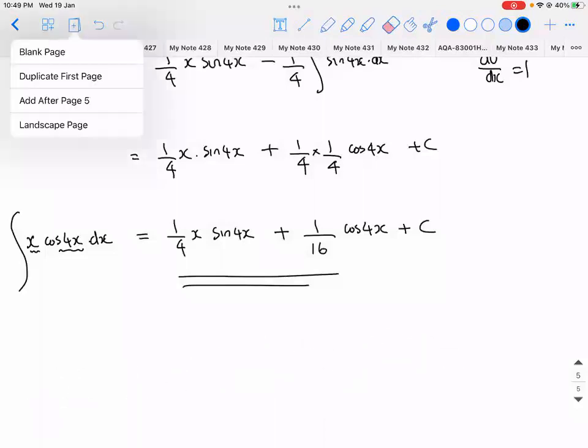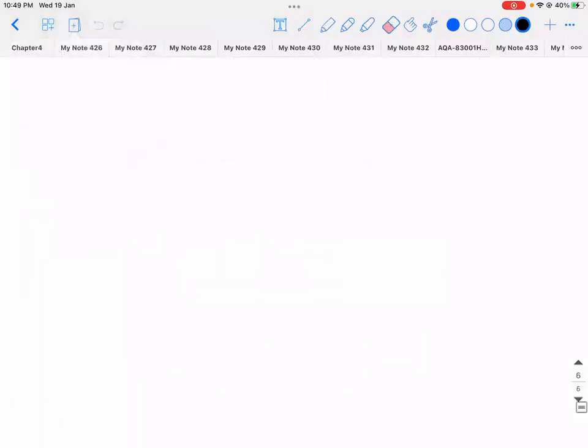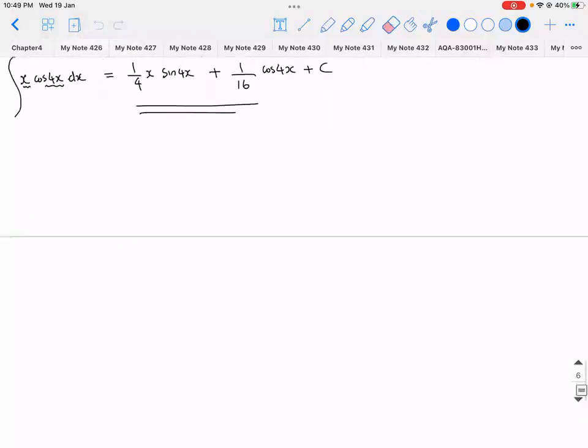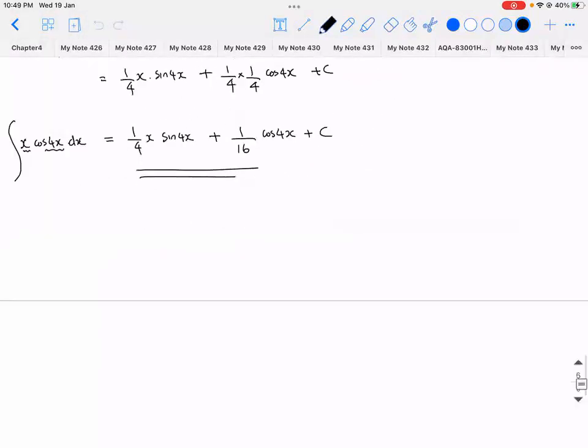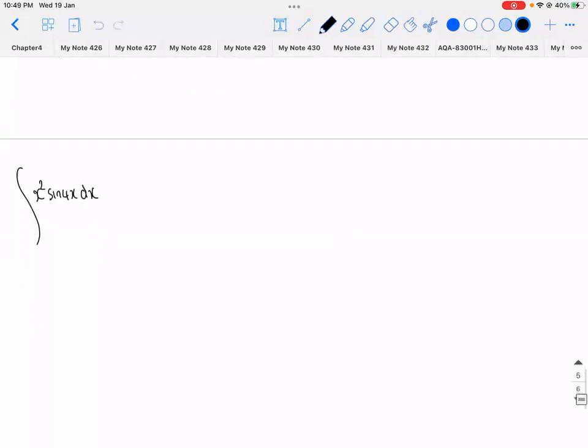So without confusion, because in part B they are asking this, I will compare. Otherwise, you may get confused. So the integral of x square sine 4x dx, that is our question, correct?